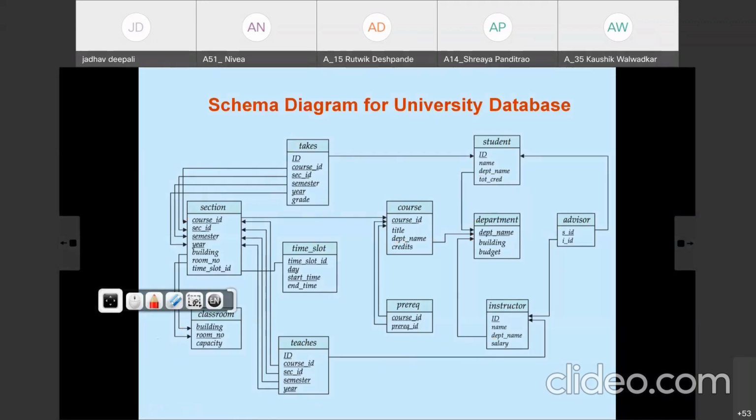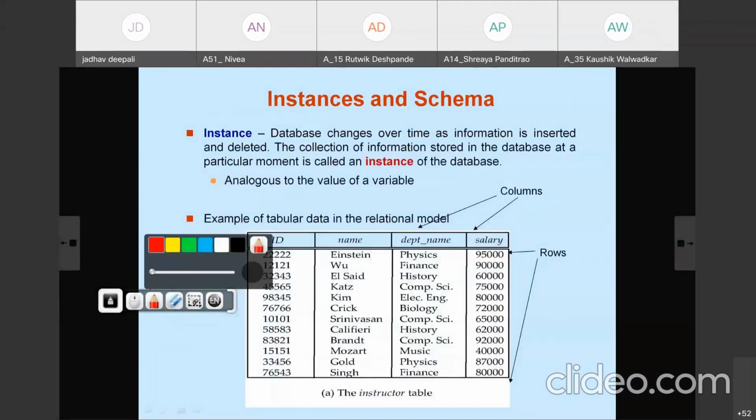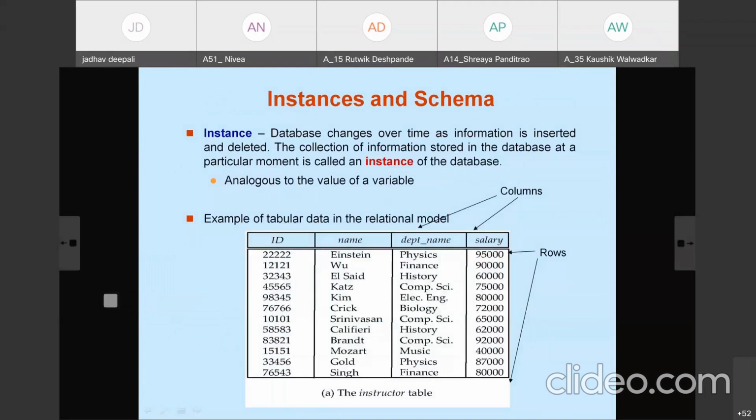Now the next one, instance of the database. Database changes over time as new information is inserted or some information is deleted from the database. Suppose this is the instructor table.